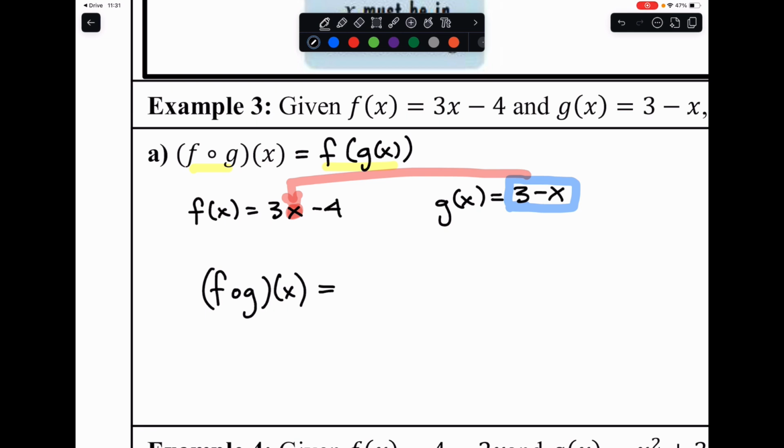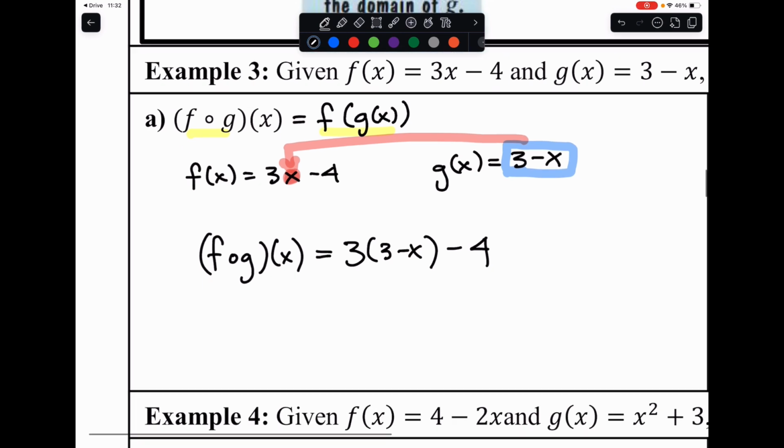Fog of x will equal 3 times the value of x minus 4. And like I mentioned, we're going to replace the x where my parentheses are with g. So 3 minus x. And there. Technically, this is your answer because, again, we have the composition. It's simply about doing that.